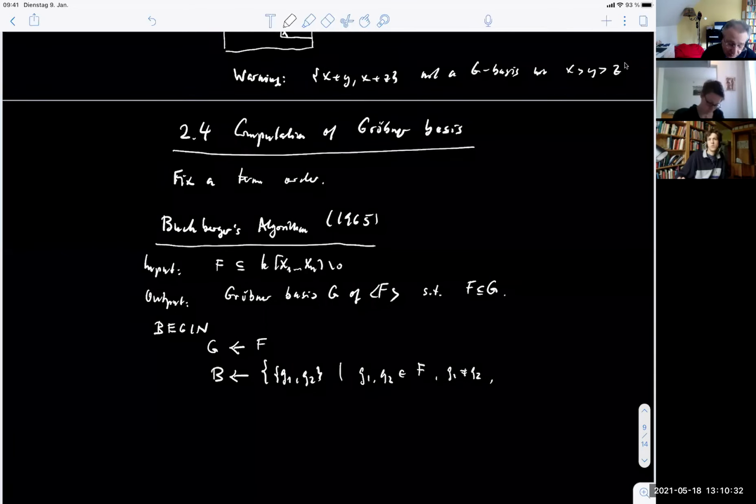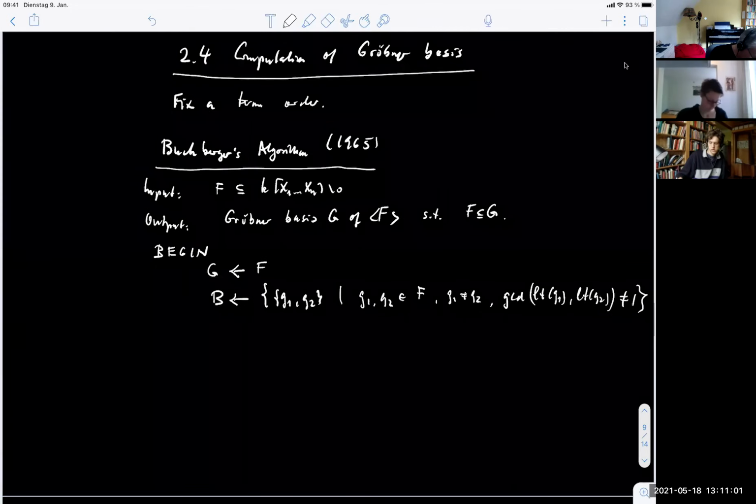And I can save some work. I can assume that the GCD of the leading terms is not 1, because if it were 1, they would be coprime and I don't have to do any reduction because of the Buchberger criterion. So this set is the set of all pairs that are to be considered.